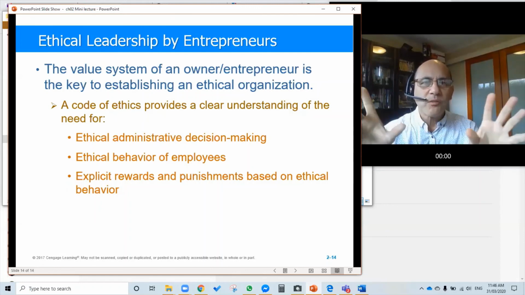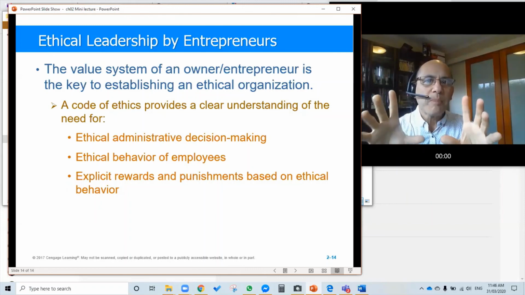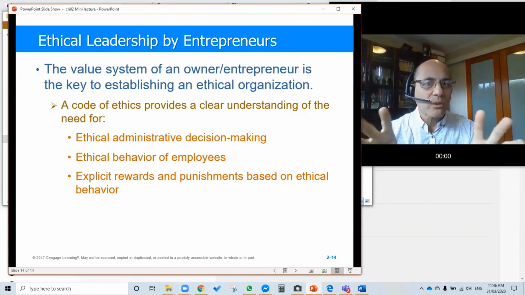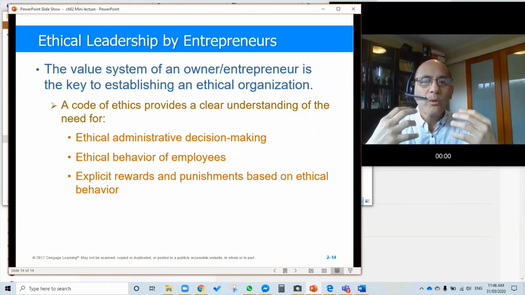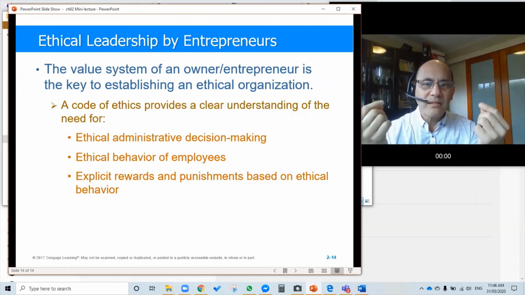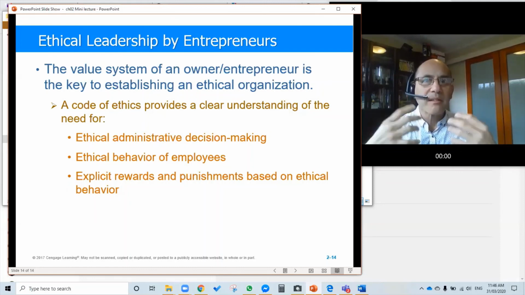You can have very specific statements like, we will pay the proper taxes, we will not cheat on our taxes, we will pay our employees the right wages according to society's norms, or we'll treat our employees in as fair a manner as possible. If you make that declaration, it tells your employees that you, as a business owner, are aiming to do the right thing and to be ethical. And it tells them that they themselves, as employees, need to follow their employer's example.